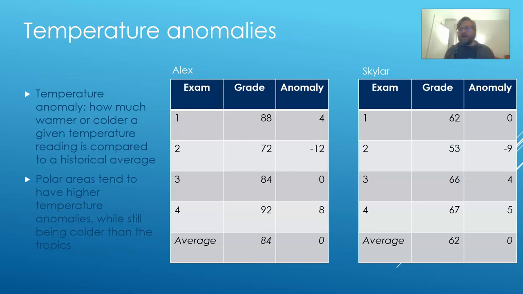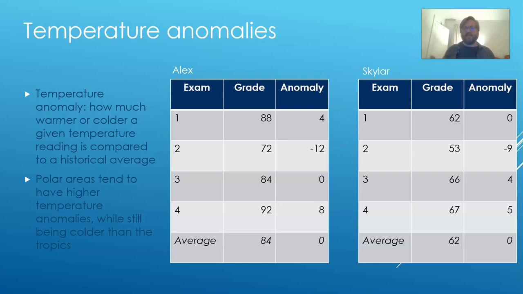So on that graph, we were looking not at temperatures, but temperature anomalies. And so I think it's important to take a moment to talk about what an anomaly is, because in your lab exercise for this week, you're going to be working with temperature anomalies. So we really want to understand what this means. So an anomaly is how far off a given piece of data is from the average for that data.